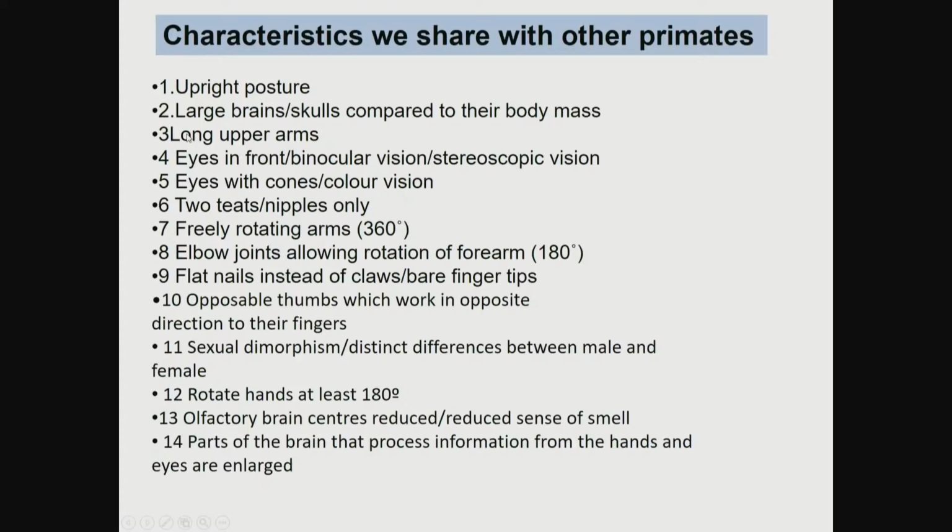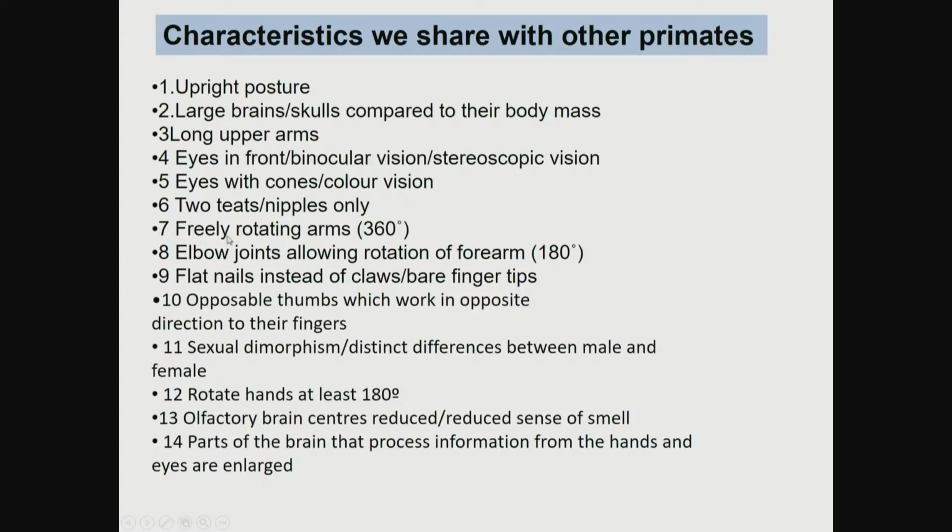A favorable one is name the characteristics that we share only on our upper arms. So we have long upper arms, freely rotating arms, elbow joints allowing rotation, flat nails, and then it's only on the upper arms.